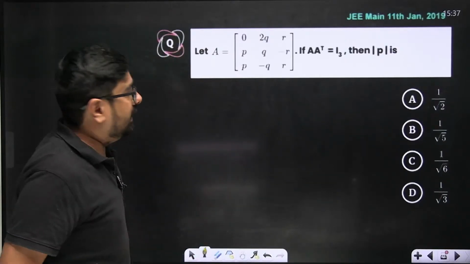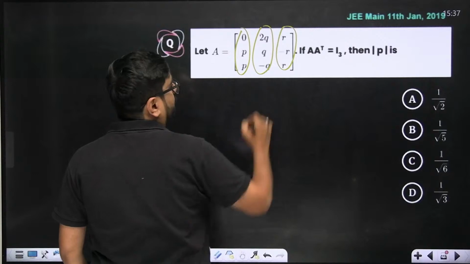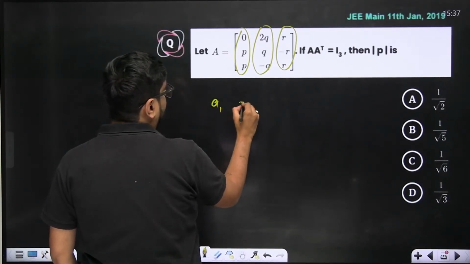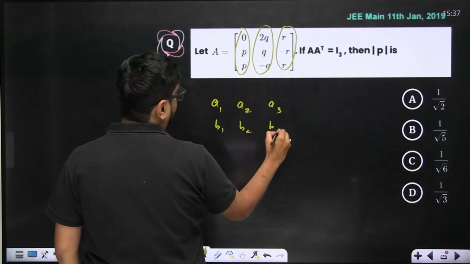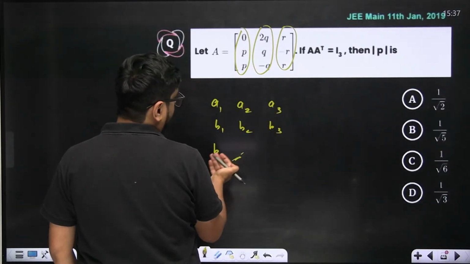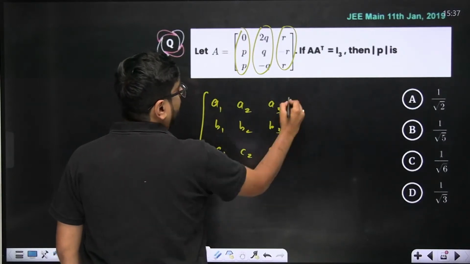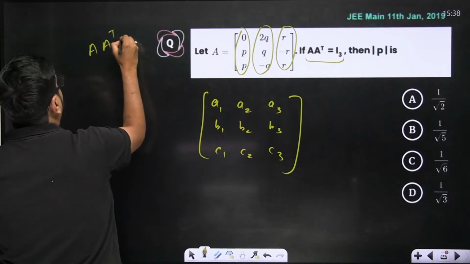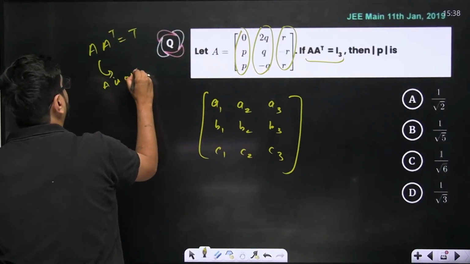In an orthogonal matrix, just remember two things: row-wise or column-wise magnitude. For example, this is your matrix A1, A2, A3, B1, B2, B3 and C1, C2, C3. It is given that A A transpose equals I, so A is orthogonal.